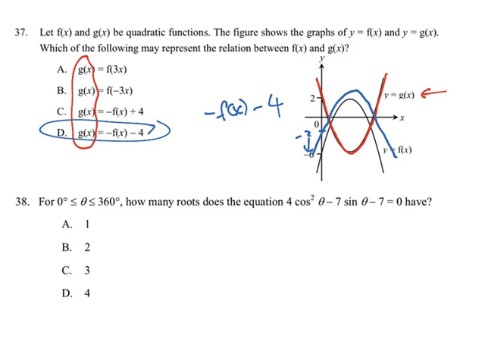38. This question is about the trigonometric equation. So let's see. Cosine square and sine are different, but we can change cosine square into 1 minus sine square theta, so that you can see all become sine. And then we simplify.